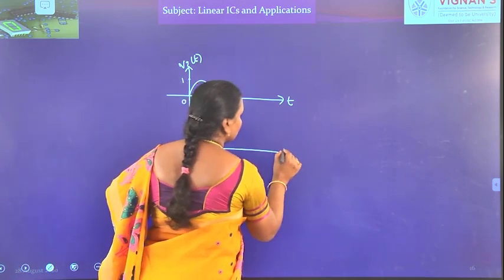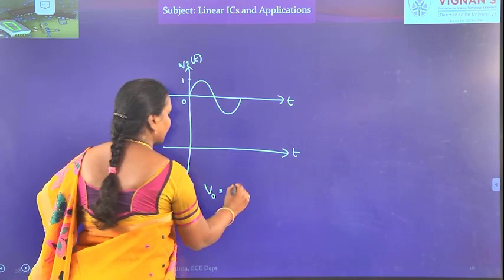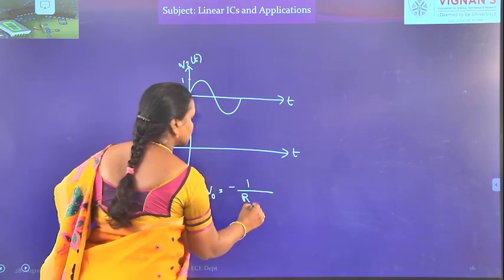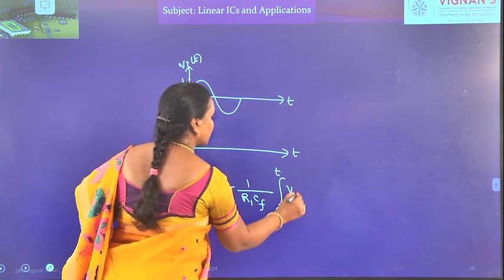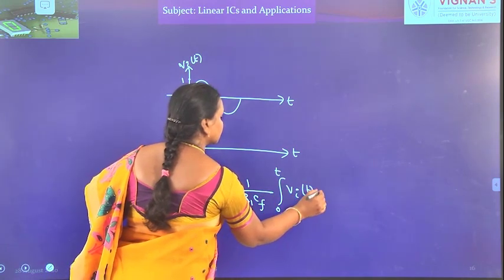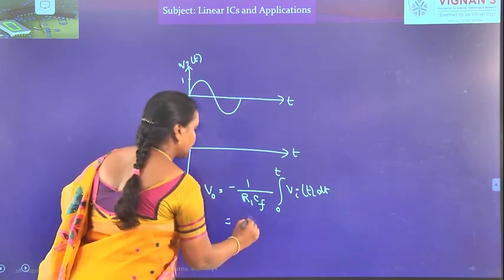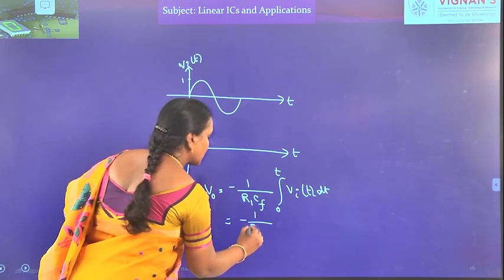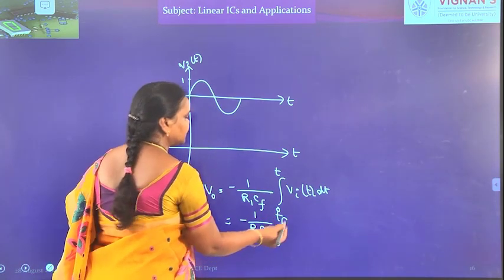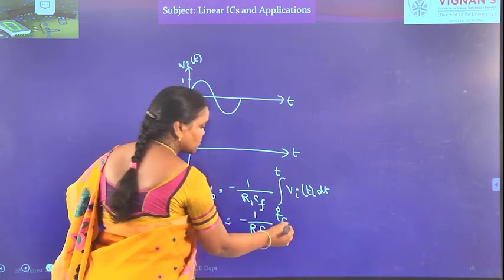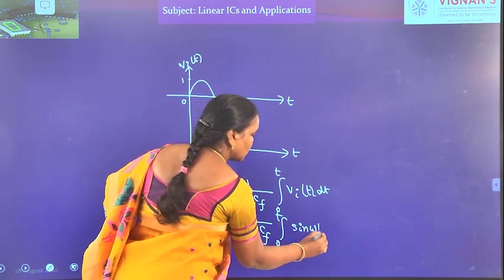Then what will be the output? So, what is the expression? Minus 1 by R1 Cf integral 0 to t Vi of t dt, right. So, here minus 1 by R1 Cf integral 0 to t, here maximum amplitude I am assuming 1, so sine omega t dt.